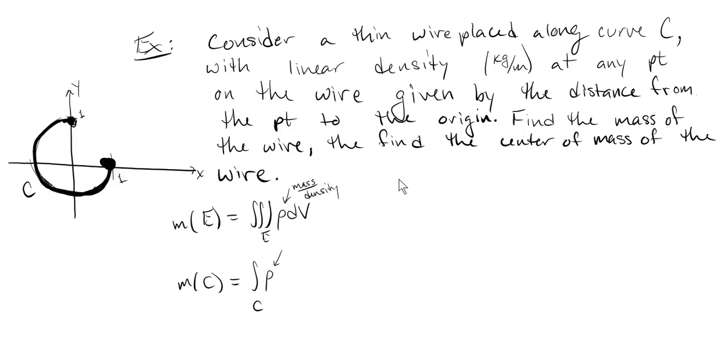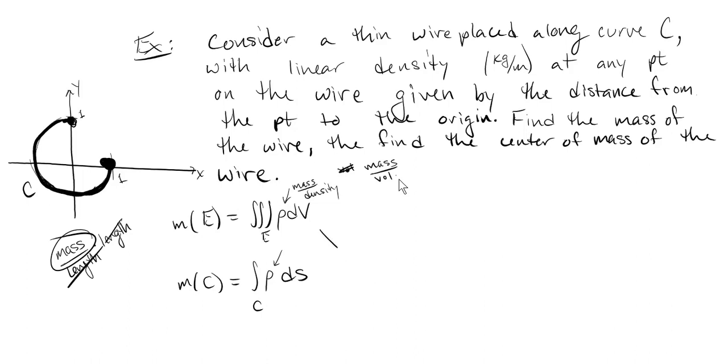In that case, we're not going to have a mass density in terms of mass per volume. Instead, we're going to have a mass per length, so that when we multiply by ds, which has units of length, we get the total mass. So it follows the same way.